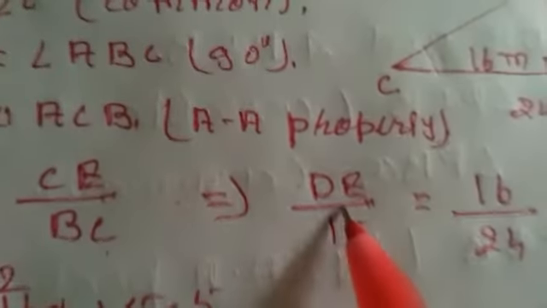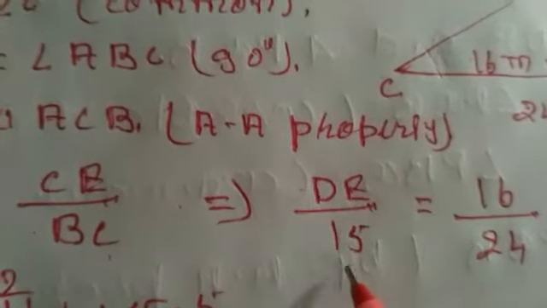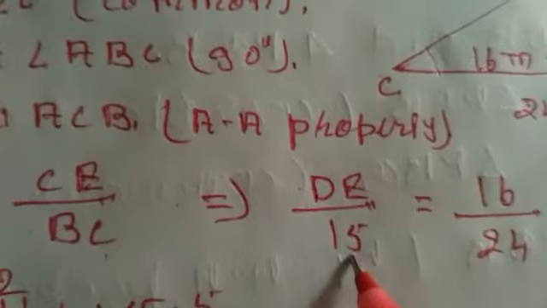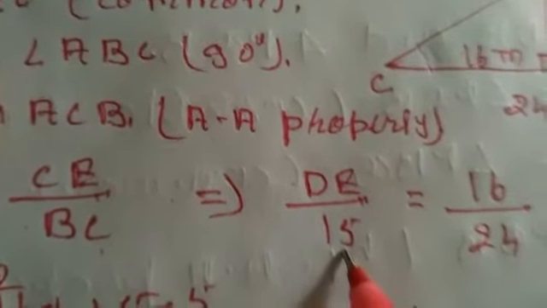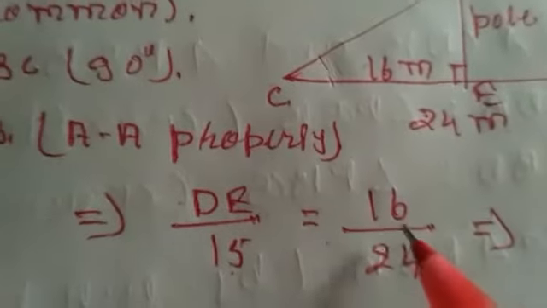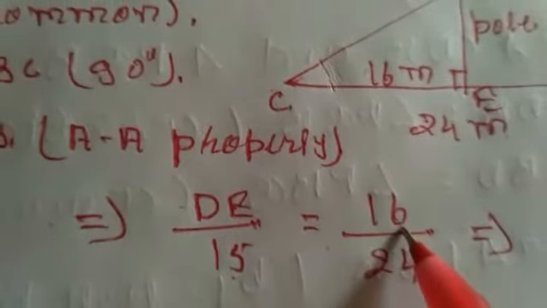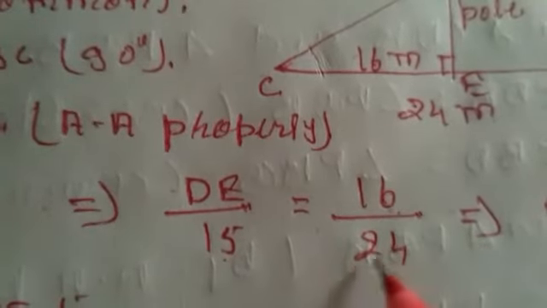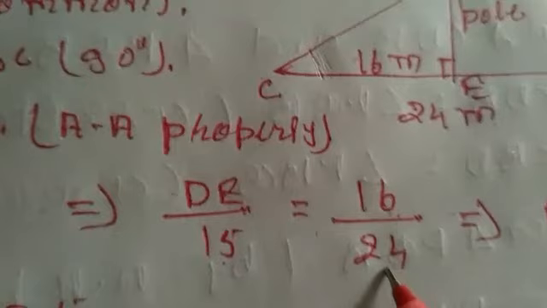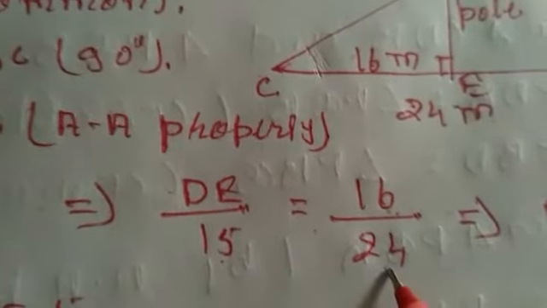We have to find the length of DE. So write DE, and AB was given as 15 meters, so substitute the value of AB, that is 15 meters, equals, and the length of CE was given as 16 meters, so substitute the value of CE, and BC was given as 24 meters, so substitute the value of BC.